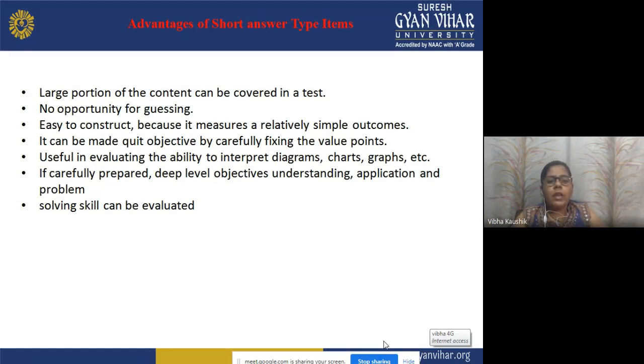Useful in evaluating the ability to interpret diagrams, charts, graphs, etc. If carefully prepared, a deep level of understanding, application, and problem solving skills can be evaluated.